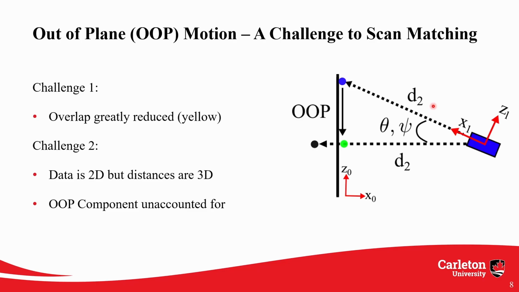This distance has an x, y, and z component, but our LiDAR data only has an x and y component, meaning that the full magnitude of d2, including the z component, is reported in 2D, shown here by our black scan endpoint. We call this unaccounted for z component out-of-plane motion.